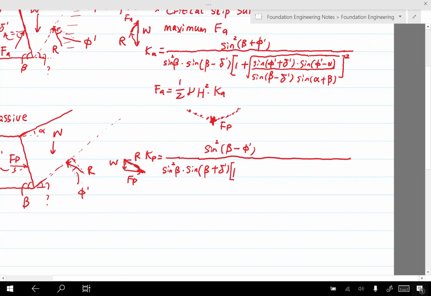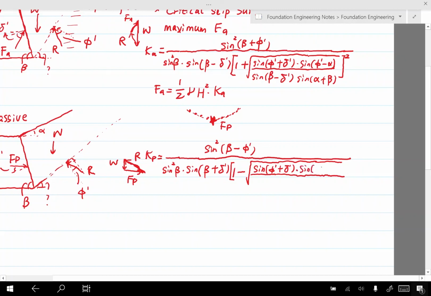Now let's see, 1 minus the square root of a fraction. For the fraction, the numerator is sine phi prime plus delta prime, the same, times sine.